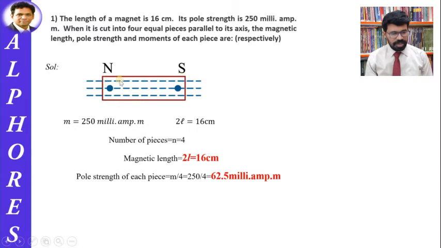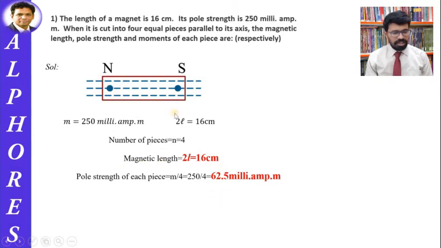Earlier it is m, now it is divided into 4 equal pieces, so the cross-sectional area becomes 1/4 of the initial cross-section, and the pole strength also becomes 1/4. So 250 by 4, where 250 is the pole strength of the given magnet, gives us 62.5 milliamp meter.